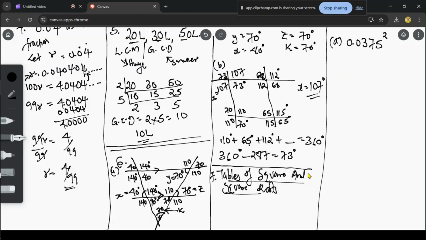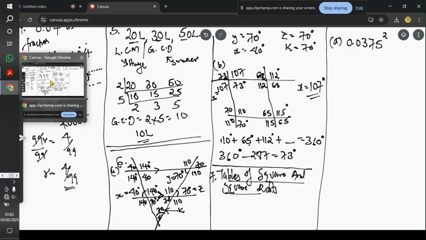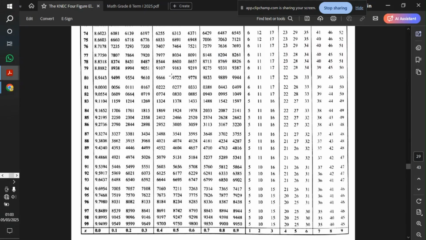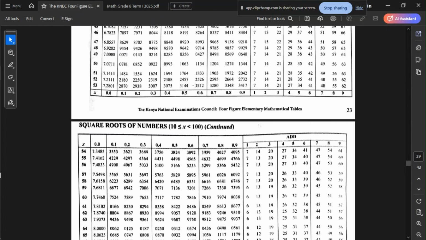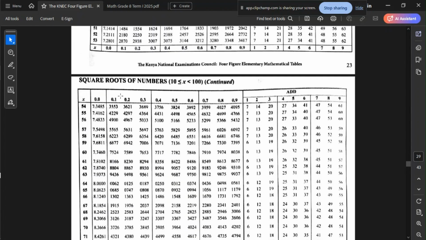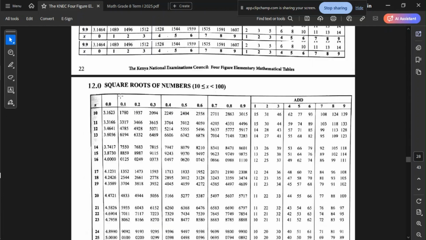Of course, square means you multiply a number by itself 2 times. So I'll come to my table. Let me open the table that I have here. It's a table of squares, and I check where my table begins.